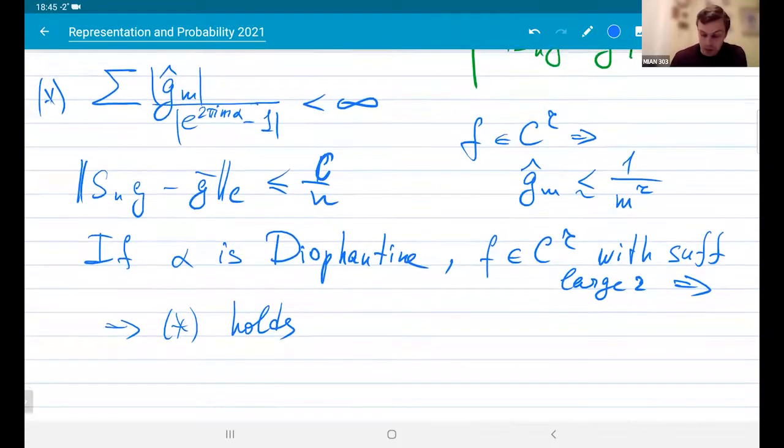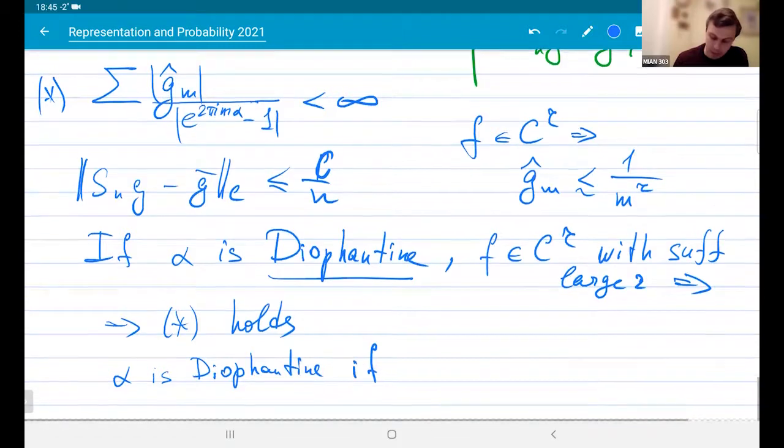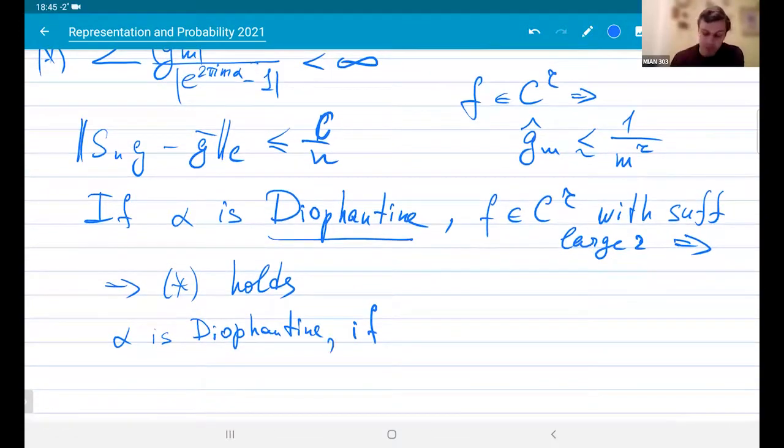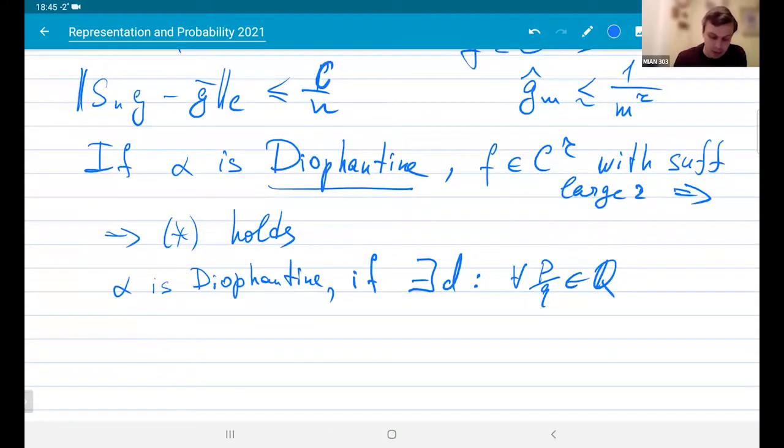Okay, so what is Diophantine? Alpha is Diophantine if there exists some d such that for any p over q in the rationals, the difference |alpha minus p over q| is larger than 1 over q to the power d.